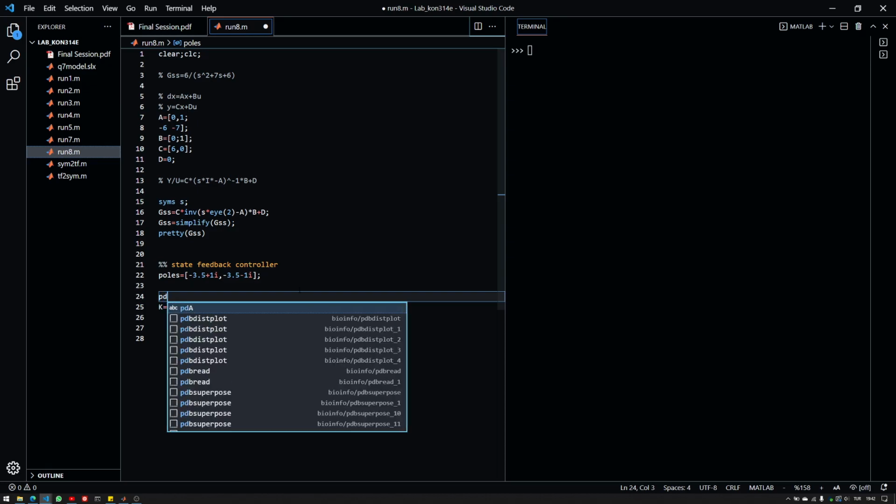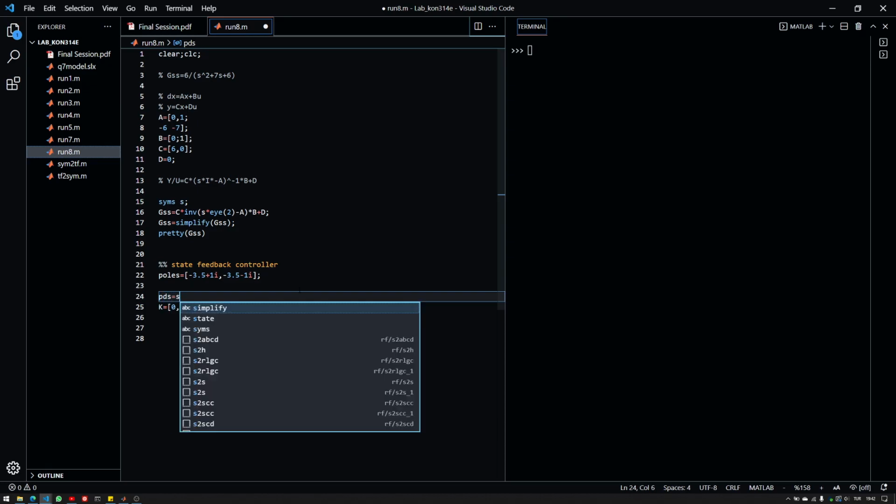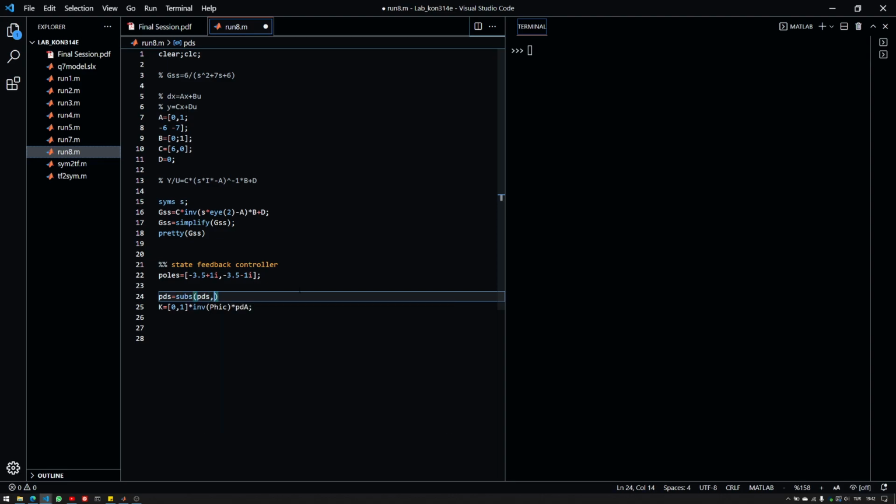But here Pd(A) is basically Pd(s), and we should substitute into Pd(s) s equals A. And you remember what Pd(s) is. Pd(s) is basically, and for this example, it should be (s plus, or s minus in this case, pole 1) times the other one, this here.